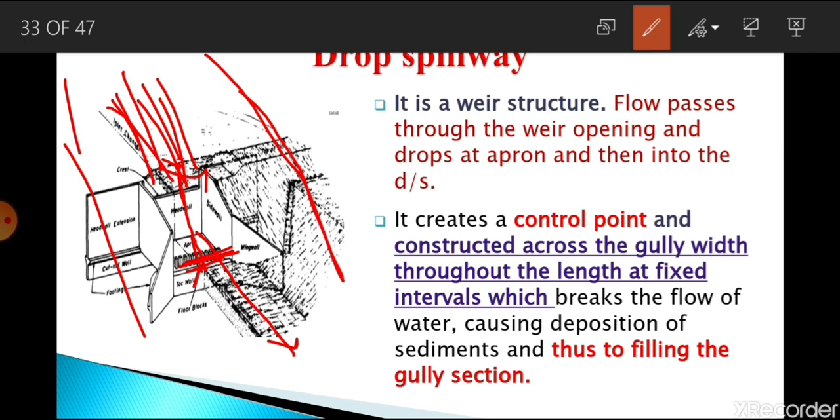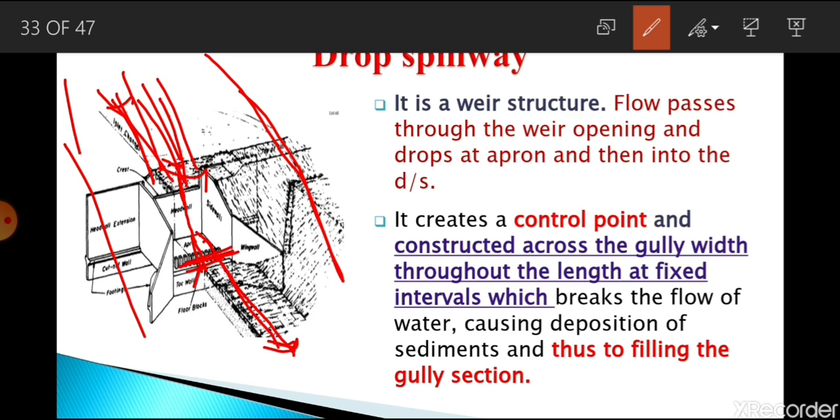So what is the function of the apron? It will dissipate the fall energy of water. So this is upstream, and this is how water will flow from the apron to the downstream.